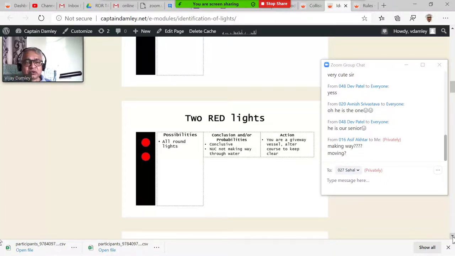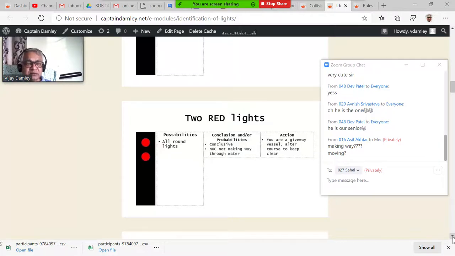So in case my ship becomes not under command at my 20 knot speed, I switch off masthead lights, telling that I don't have power. A masthead light means you have got power. So I switch off two masthead lights. I keep my side lights on, my stern light on, because they are giving the movement. But if I leave only those lights on, how will somebody know that I am not under command? To show not under command, I put two red lights like this.